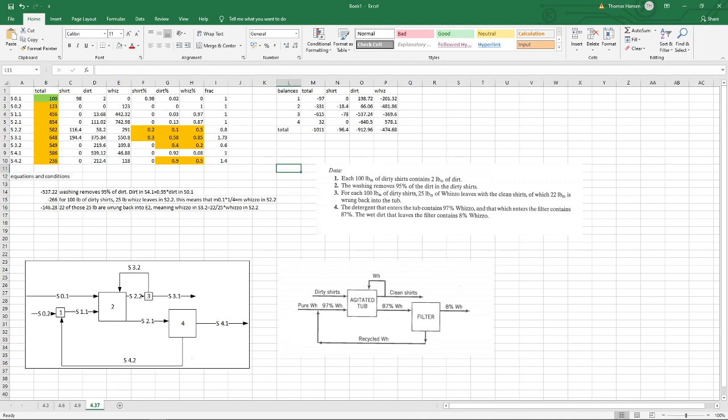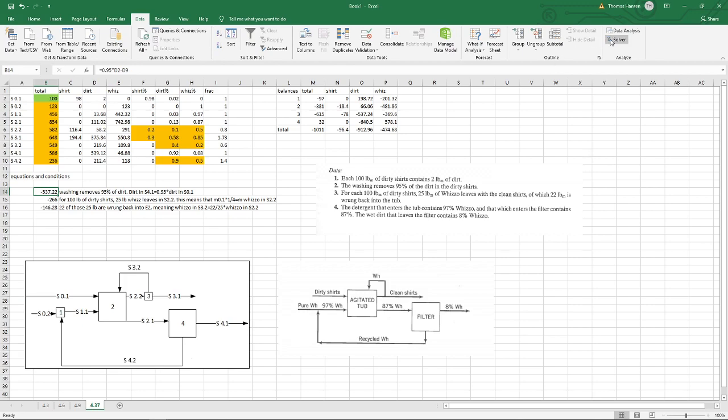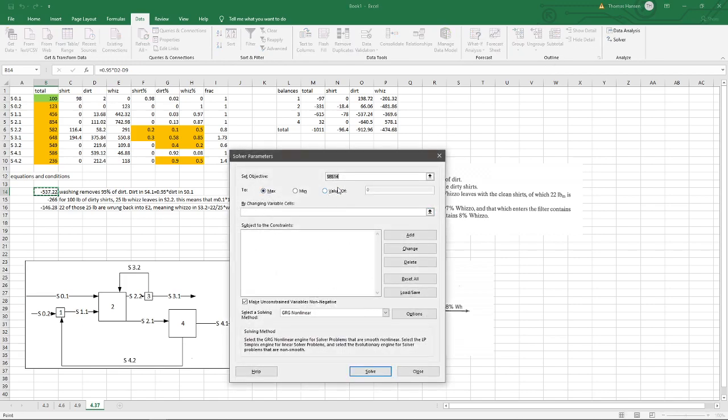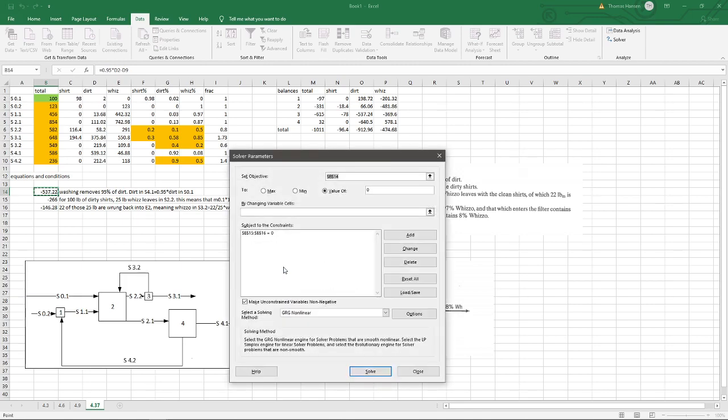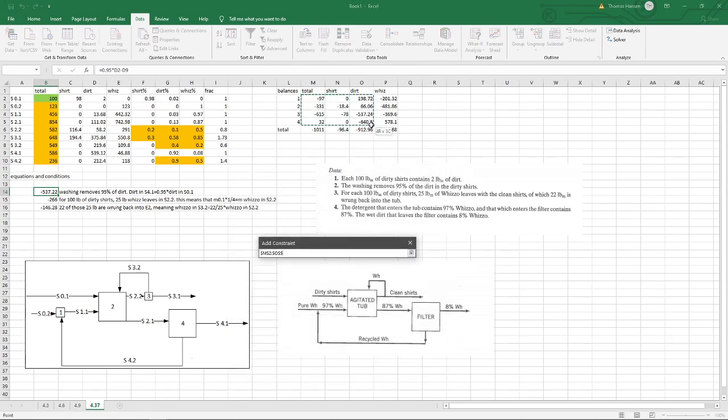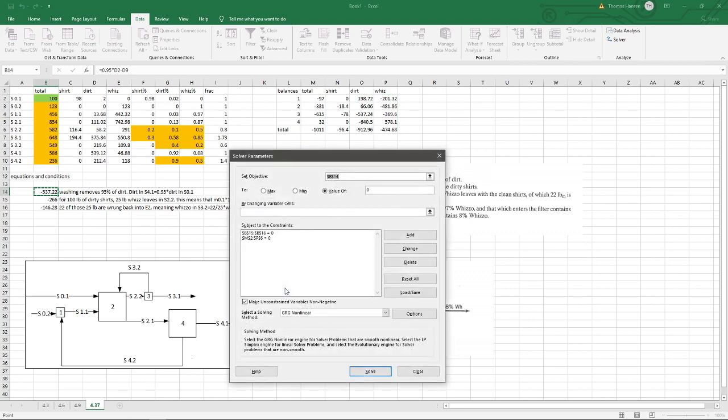So, in theory, if I go to my data and my solver, and I say I want that equation, B14, to be 0. I want those two to be 0. And I want all of my mass balances to be 0.